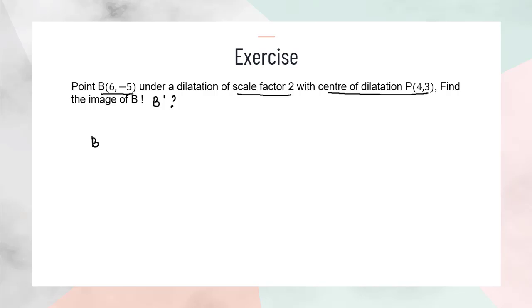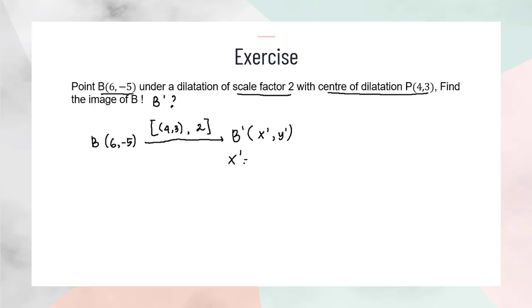Okay, point B has coordinates (6, minus 5), dilated with center (4, 3) and scale factor 2, and we will find B accent, which has coordinates (x accent, y accent).